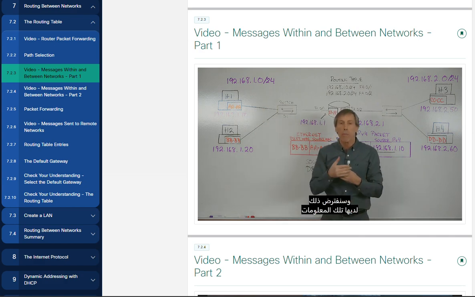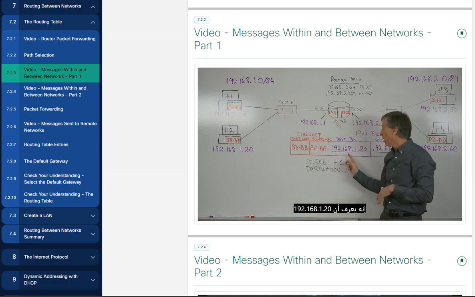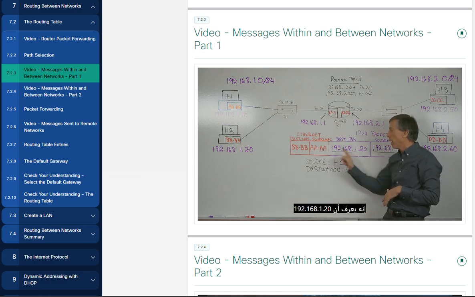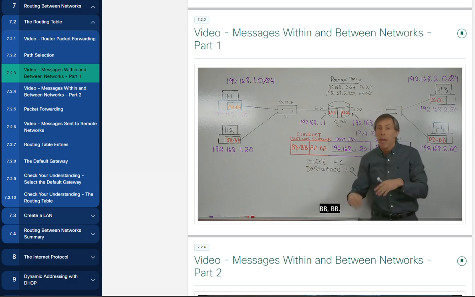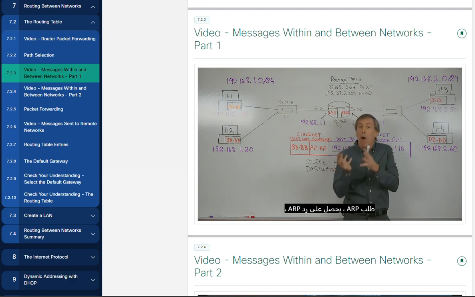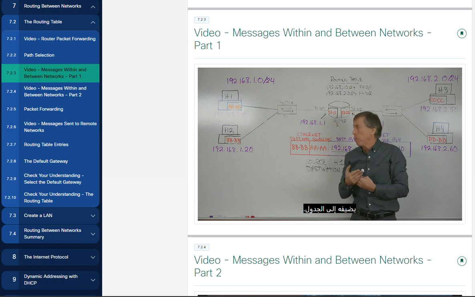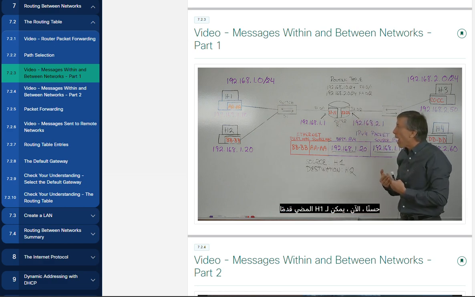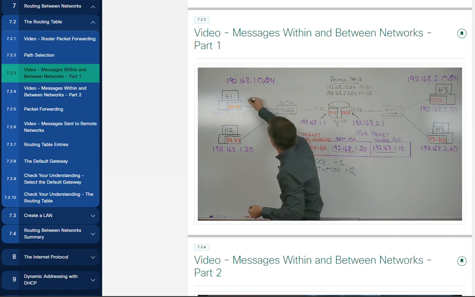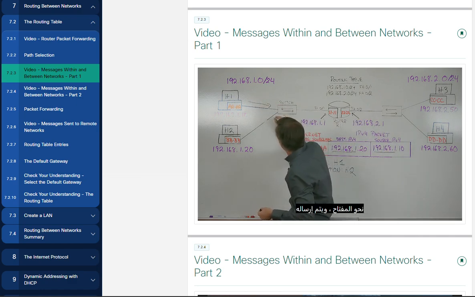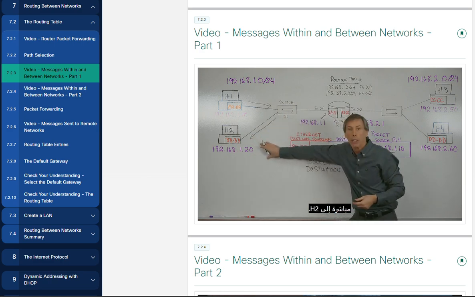We're going to assume that it has that information in its ARP table. It knows that 192.168.1.20 has the MAC address BBBB. If it doesn't know that, remember it sends an ARP request, gets an ARP reply, and adds it to the table. Okay, so now H1 can go ahead and send this Ethernet frame towards the switch, and it gets sent directly to H2.